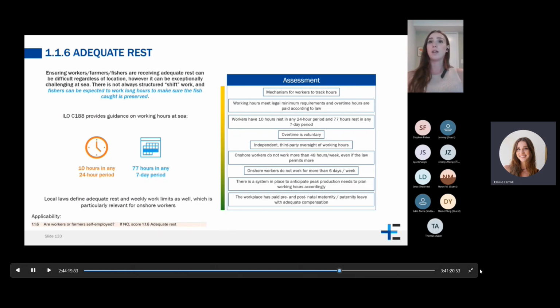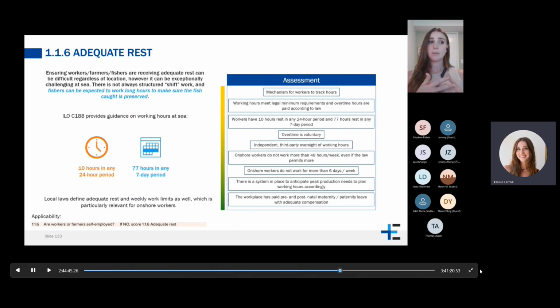And then the last one to point out in particular is that there's a system in place to anticipate peak production needs. I think I talked about this a little bit yesterday, but one of the key areas that could be an issue is that if you're constantly having excessive overtime with your workers, it's possible that you might just need to hire more people because you're ill-staffed, or that your shift schedules are not conducive to the work.